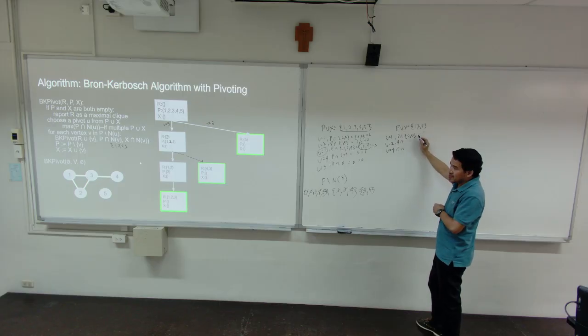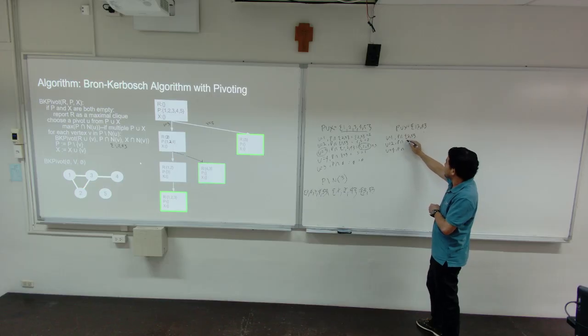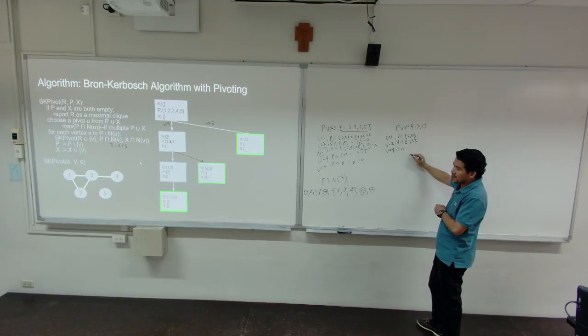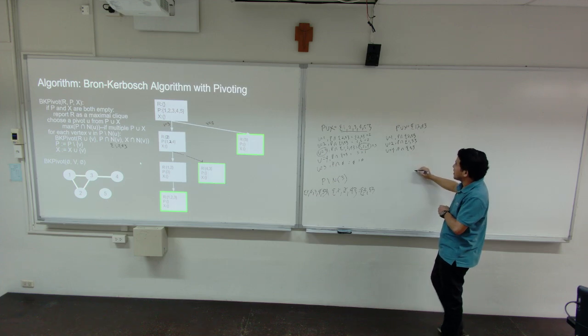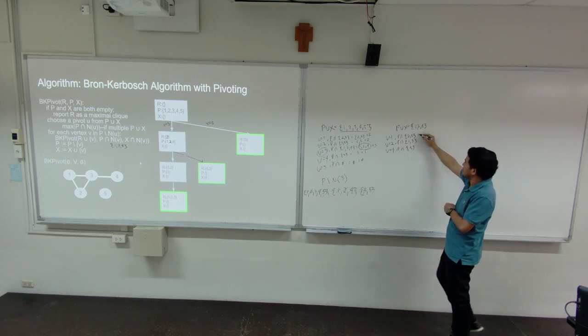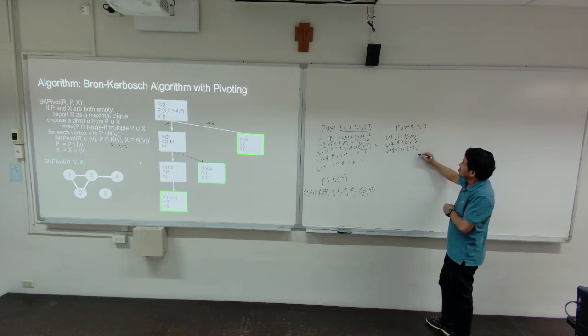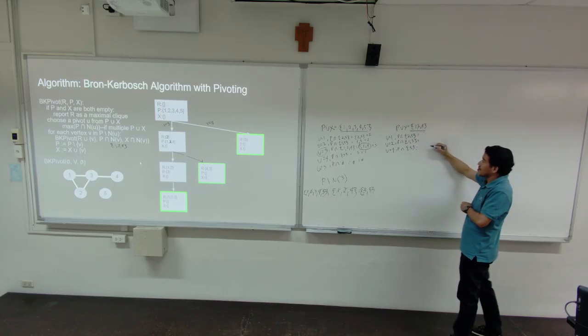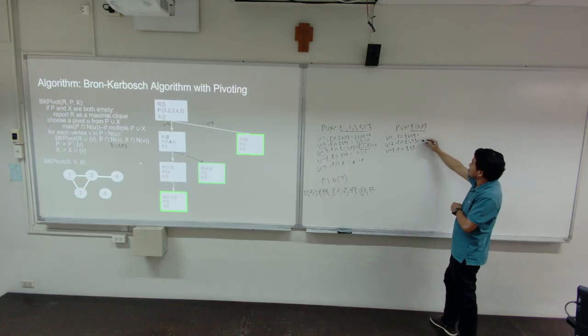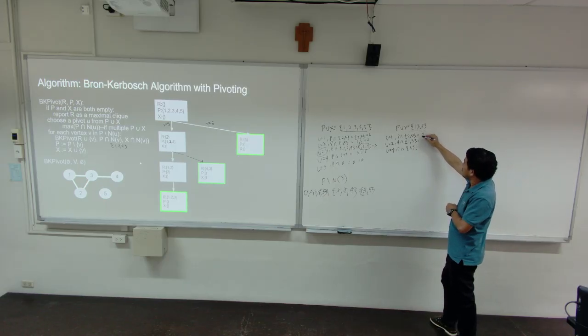Neighbors of 2, 1 and 3. Neighbors of 4, it's just 3. Okay, intersection. So, since this is P, intersection will result to just 2.